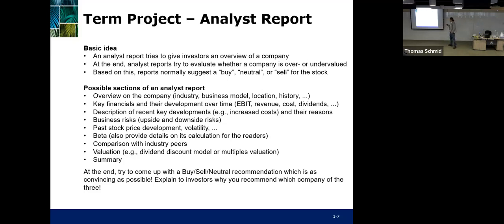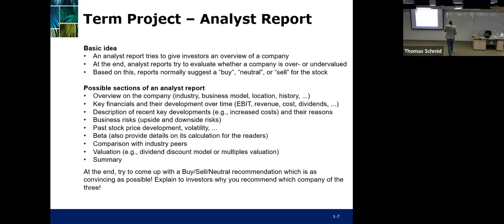So the final recommendation of the report is always a buy, a sell, or a neutral. So buy the stock, sell the stock. A neutral basically means that you don't know. It could be fairly priced on the market, so just do nothing. If you hold the stock, keep it. If you do not hold the stock, don't buy it.